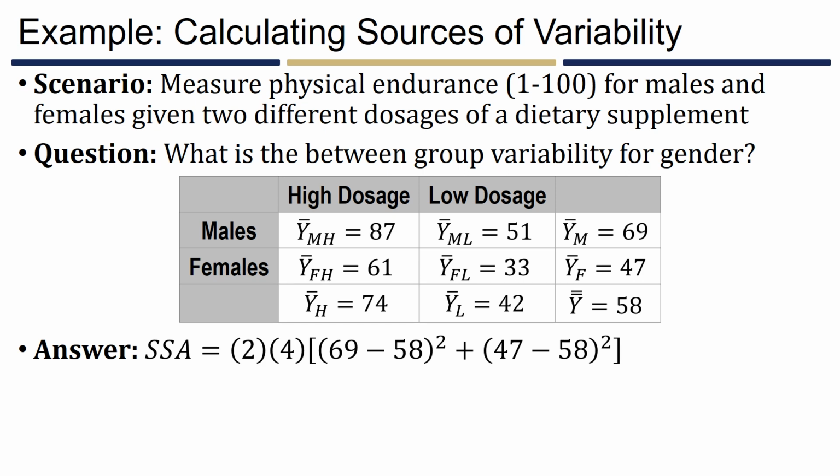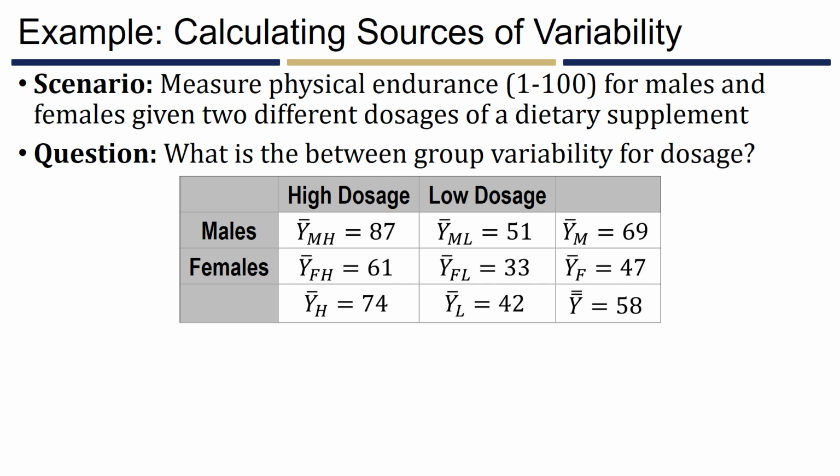We'll sum up those two squared differences, and then multiply by the number of columns in our other factor, which is 2, times the number of observations in each cell, which was 4. This is going to give us 8 times 121 plus 121, giving us an SSA of 1,936.